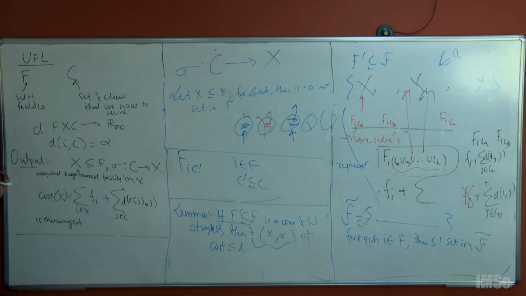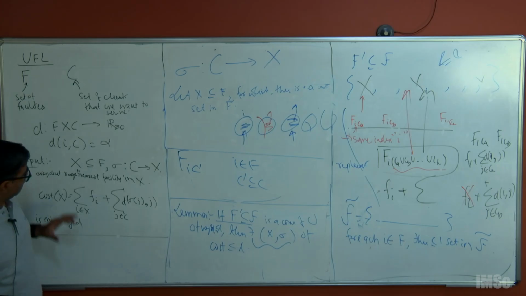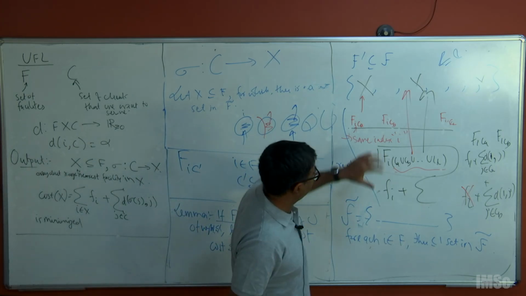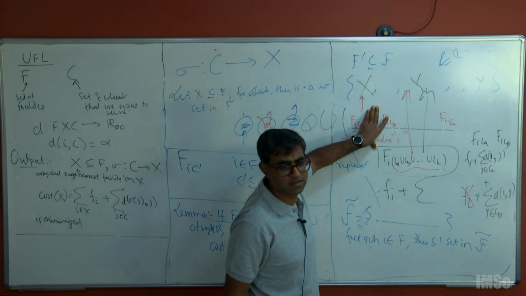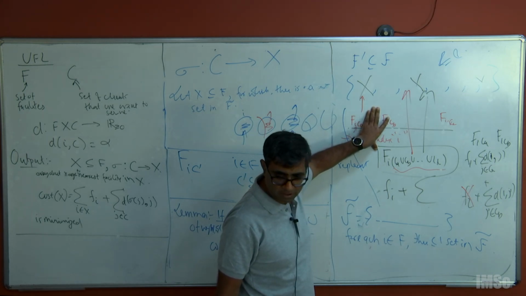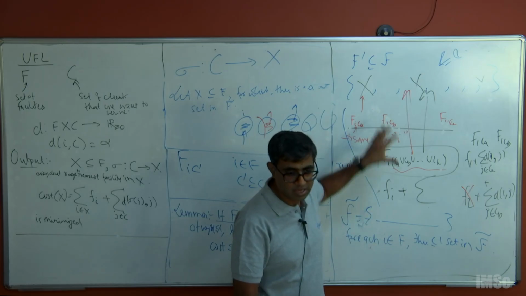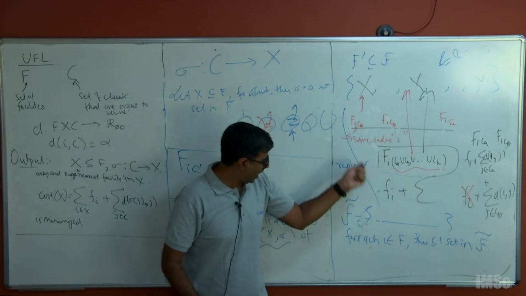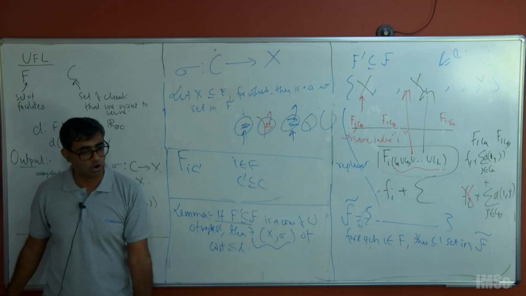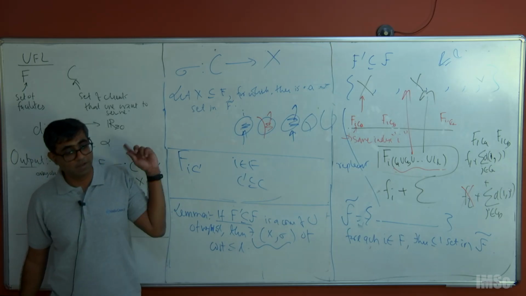So what does this imply? If we could take this input and translate it completely into these instances, then I can run my set cover algorithm. It will give me an order log of clients factor approximation, and I can take that solution, apply this modification, and give you an order log n factor approximation for facility location.